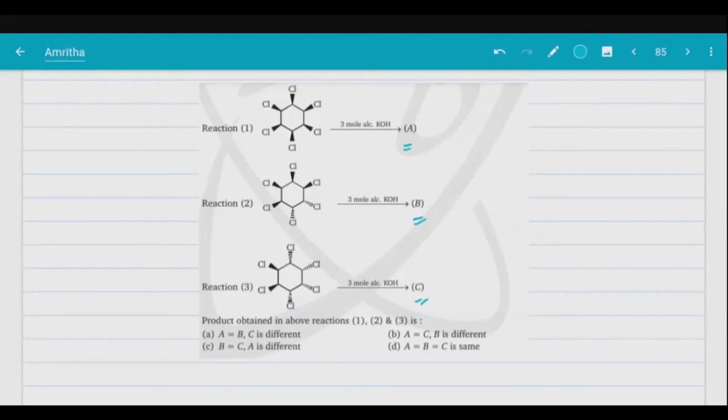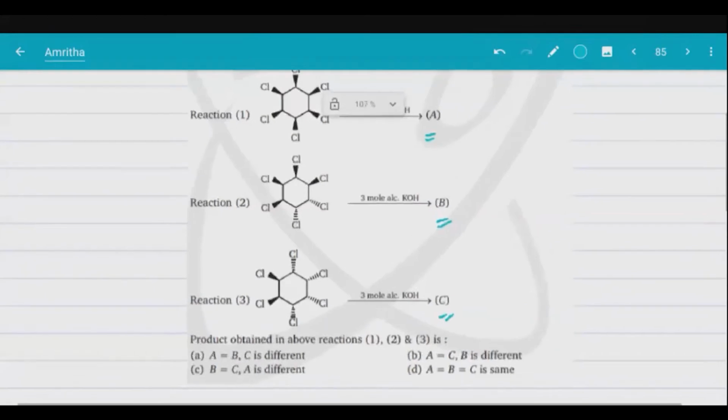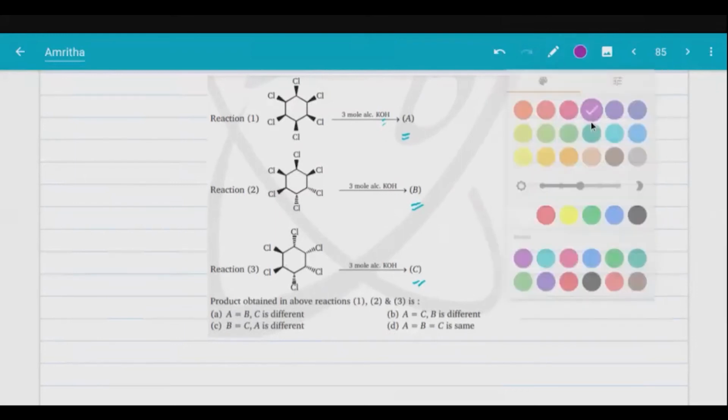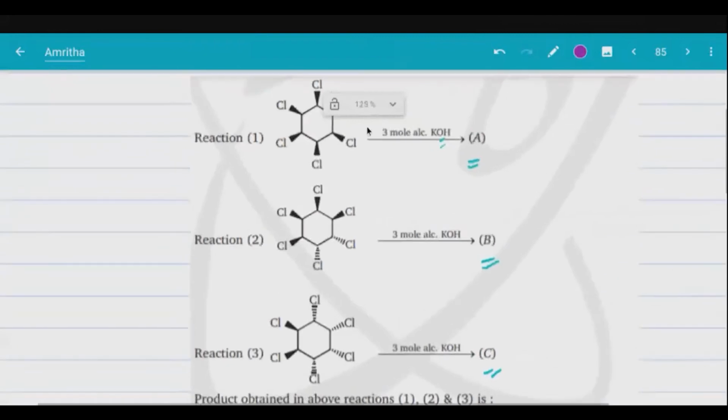Okay, fine. Let us see one by one now. So what is the case here? Dehydrohalogenation, I told you, right? 3 moles of KOH. See, first one I'll do. Cl here, alternate.